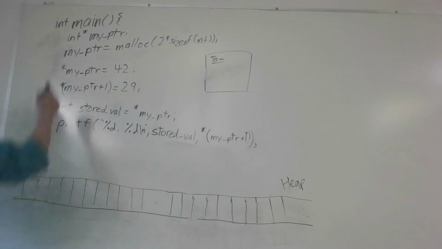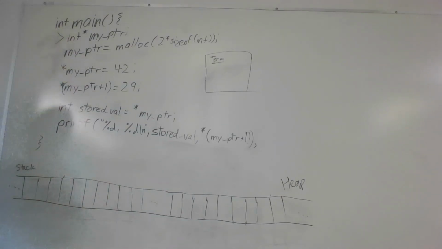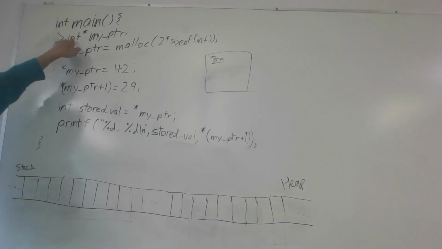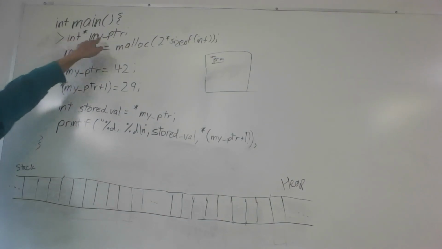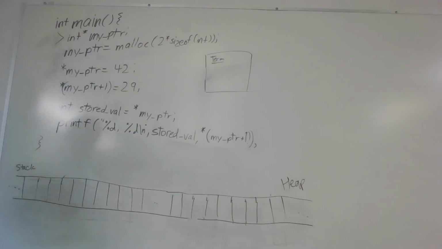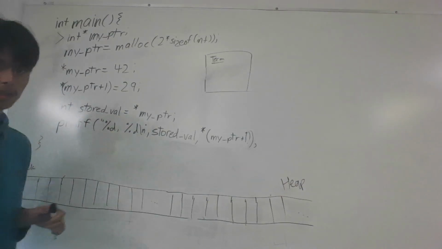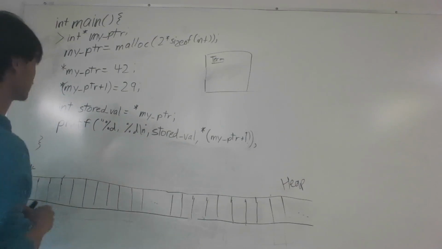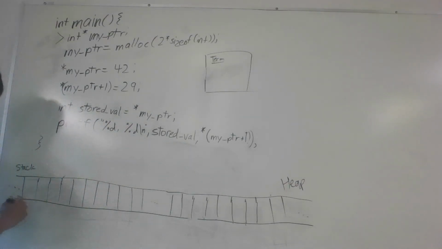So, first line, int star my_pointer. When we see int star, it means my_pointer is a variable, and its type is a pointer to an integer. What a pointer to an integer means, we will eventually get to. For simplicity, I will just say that a pointer is 4 bytes large.